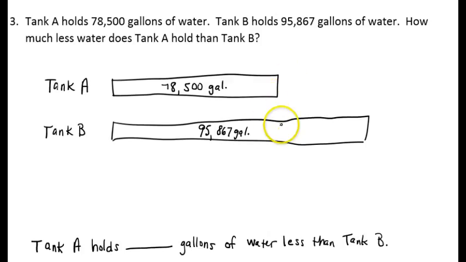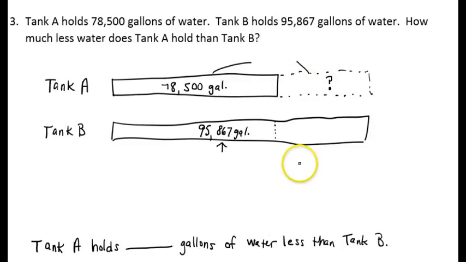So if I look at my two tapes, if they were to hold the same amount, they would take up the same amount of tape. But this portion right here is showing me how much less tank A holds in comparison to tank B. What I do know though is both of these pieces together would equal tank B. So in order to figure out my answer, I need to take the amount of tank B, subtract tank A, and that will give me the missing piece.